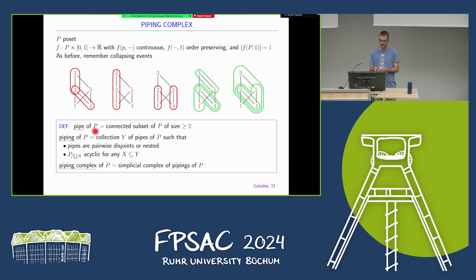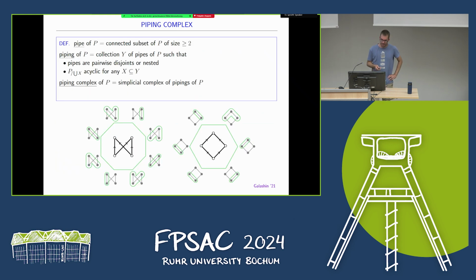So I don't want this: when I quotient by 1, 2, 3, then I have something cyclic with 5. And I also don't want this: if I contract 1, 2, and at the same time 4, 5, then I have something cyclic. And the piping complex is the simplicial complex of all pipings of the poset.